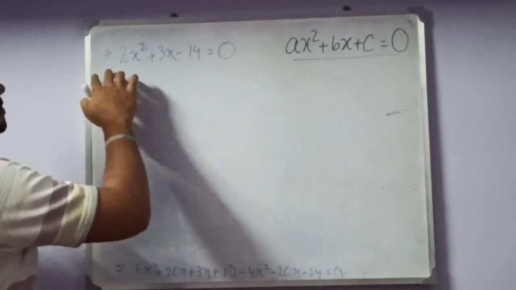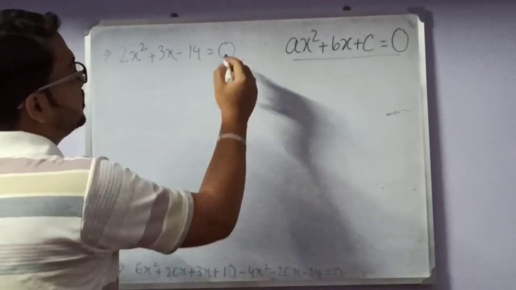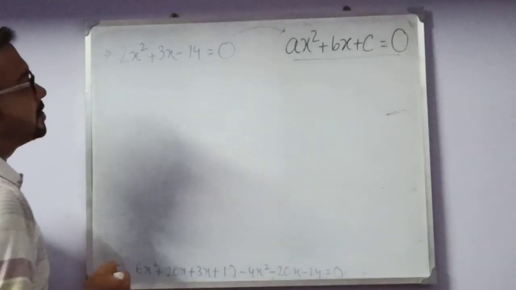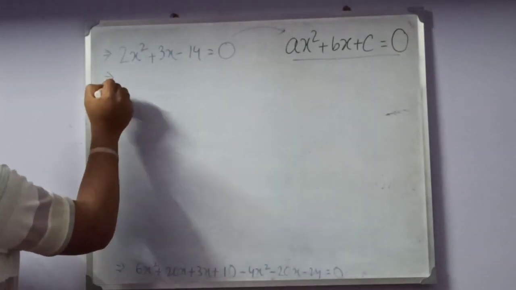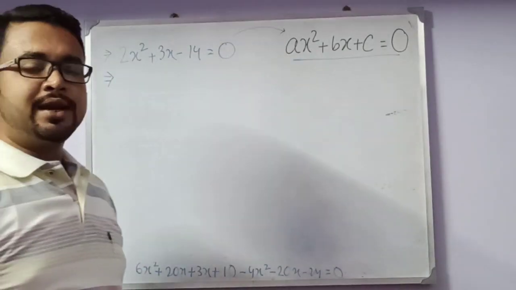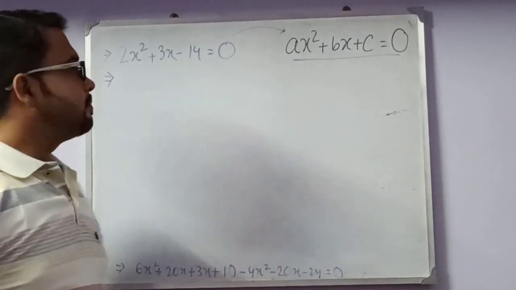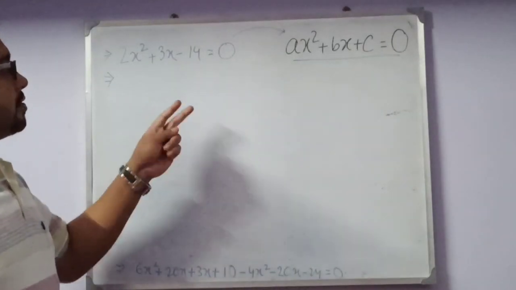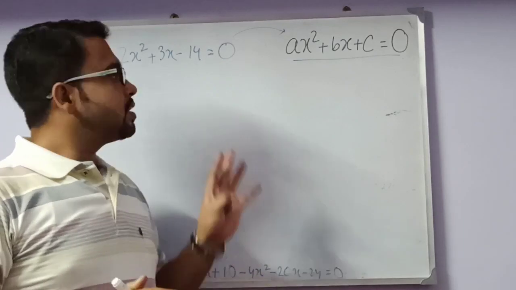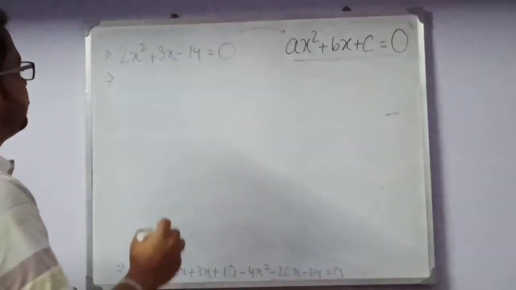So we found this quadratic equation. It looks like this one. Now solve it by the middle term method, or we can apply the Sridharacharya rule. In this math we just apply the middle term method.